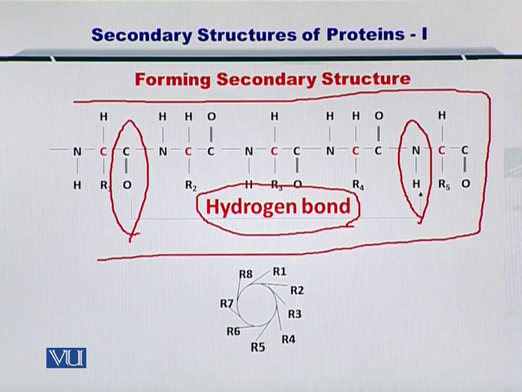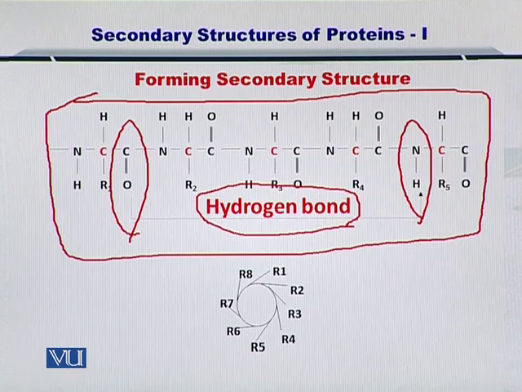So, if you have such interactions occurring, then it means the protein will come together and condense, or simply fold. Once the protein is folded, it becomes very compact and can form a secondary structure.